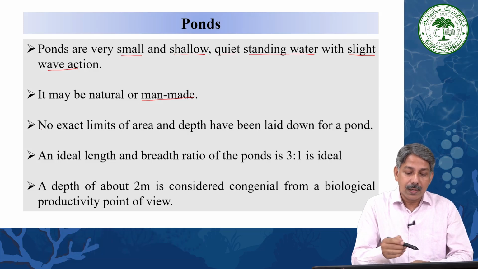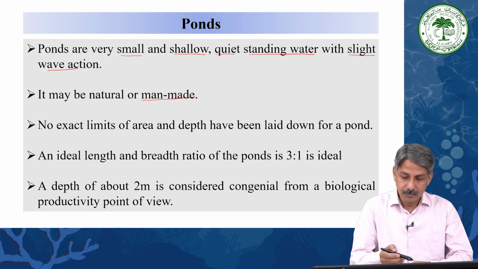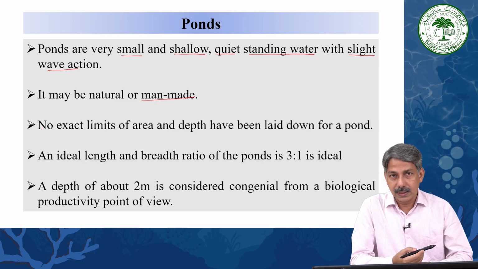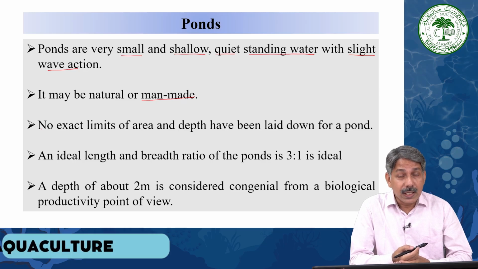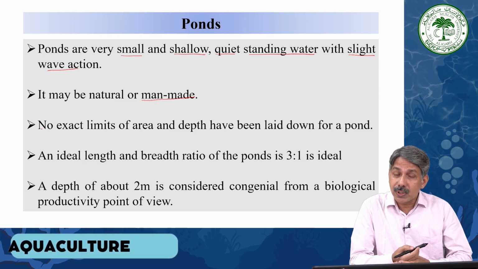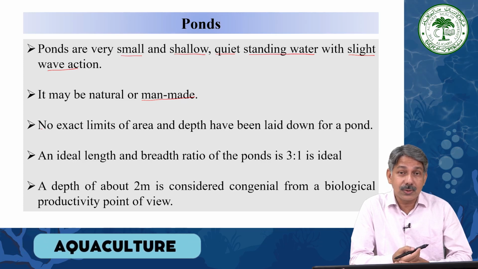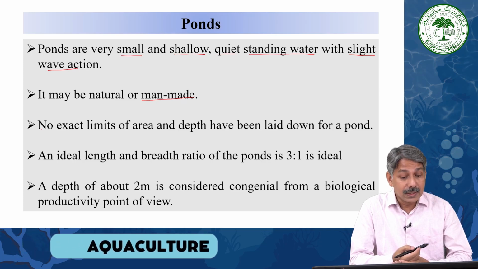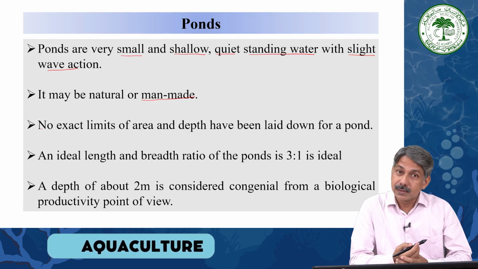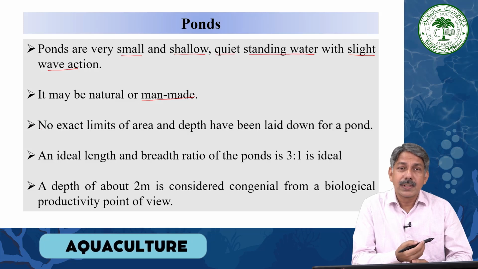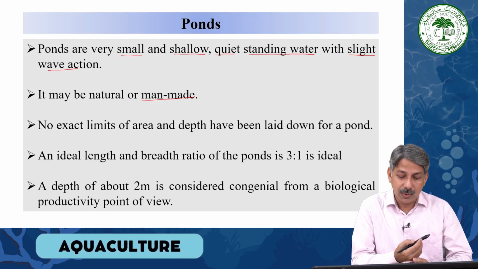Now, what area should be taken for constructing the pond? It all depends on your objective and the requirement of the region. I mean, the topography of the land, what kind of land you have, what kind of resources you have, and what kind of flexibility to utilize those resources you have. If you can control all the factors, then you can have whatever area you want depending on your objective.